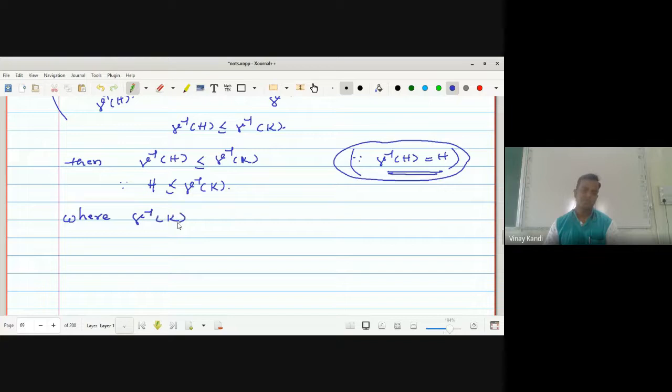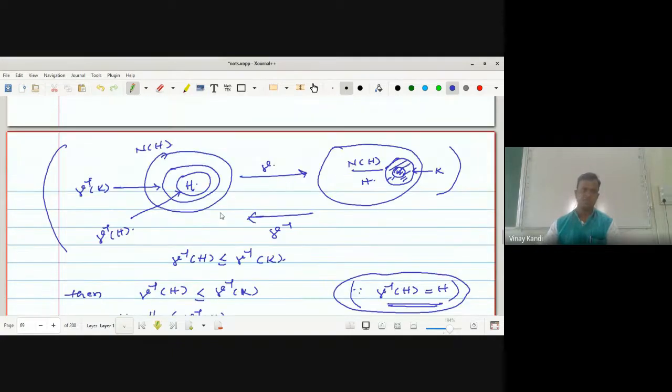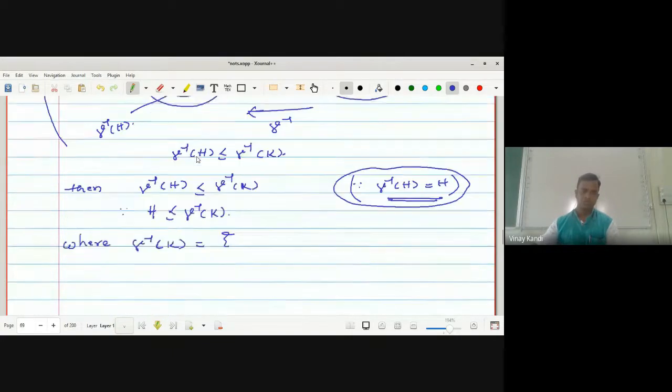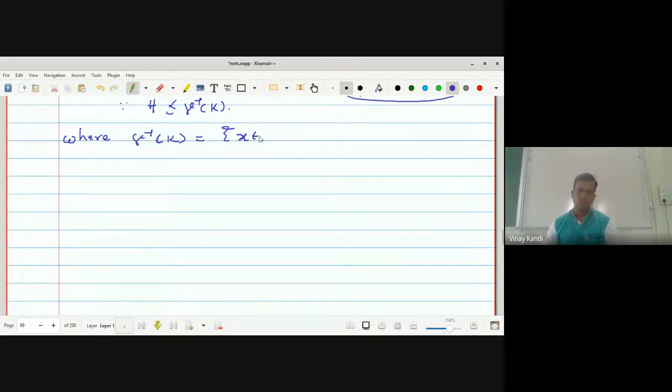Sigma inverse of K is a subset of N of H. Okay, so that means the collection of those elements of normalizer of H such that sigma of x is equal to K. Is it correct? Any doubt? No, sir. Sigma inverse of K means for this K we need a pre-image, in your domain. This is the domain, such that this K is the image of some x.